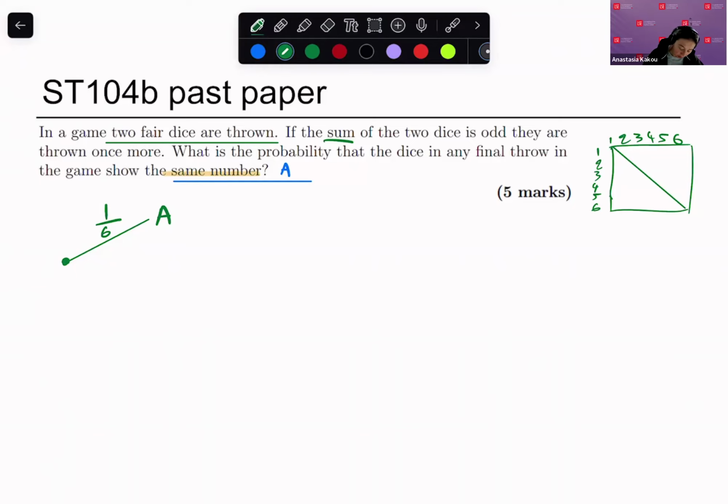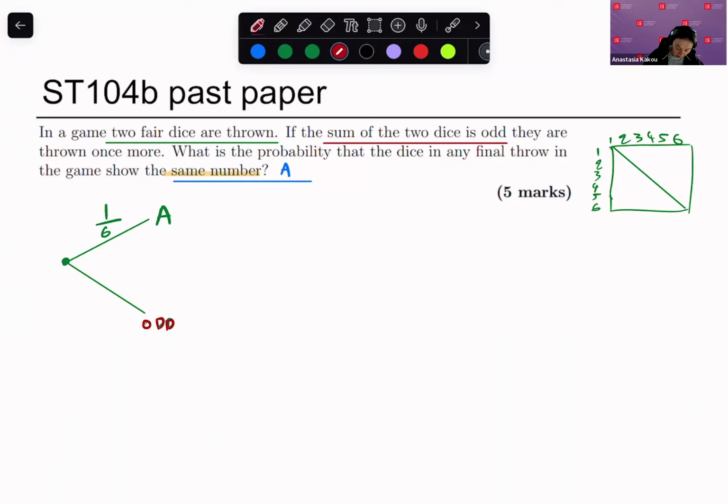So that's a 1/6. And then the next one is having an odd outcome in the first throw. Now, again, if you look at the sum, actually not an odd, the sum is odd. So this is the sum of the two dice is odd. Okay, so this is what we call it here.